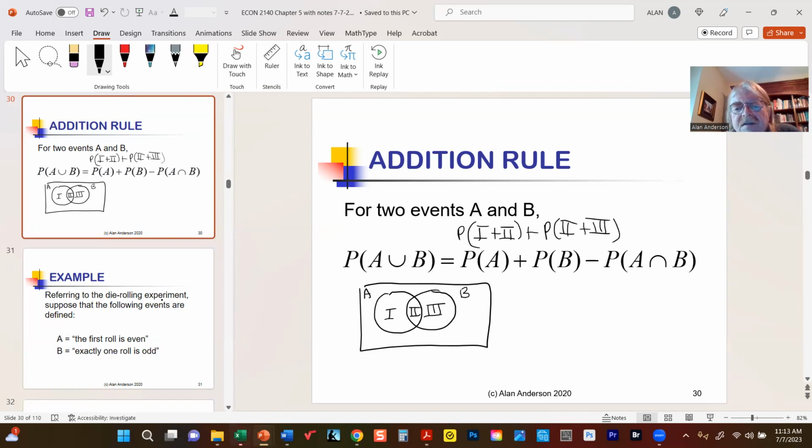If I just stop right there and add up 1 plus 2 and 2 plus 3, I'm going to accidentally count the 2 region twice. In other words, the intersection would get counted twice. So at the end here I'm subtracting this region 2 in order to avoid double counting.